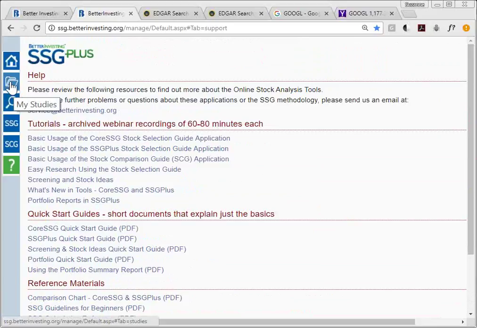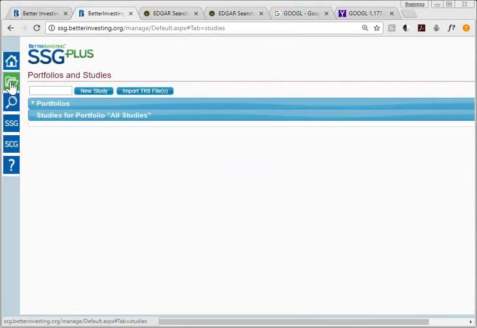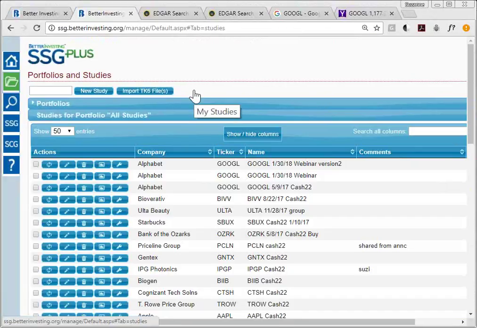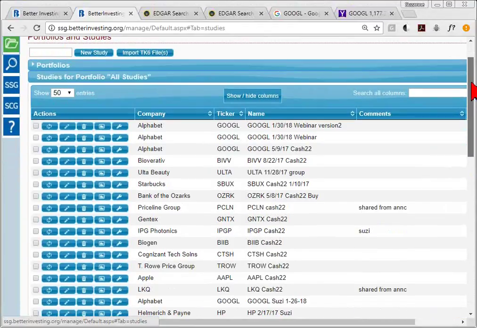I will point out that this little folder here that's called My Studies is a place that you are eventually going to want to check out after you've saved a study. And our portfolio class covers all the things that you can do when you group portfolios and make reports. But I will point out that these tickers that I created tonight are in my study list.